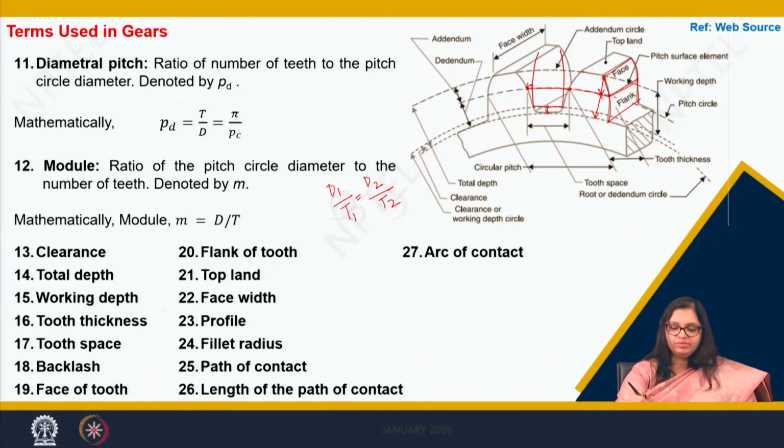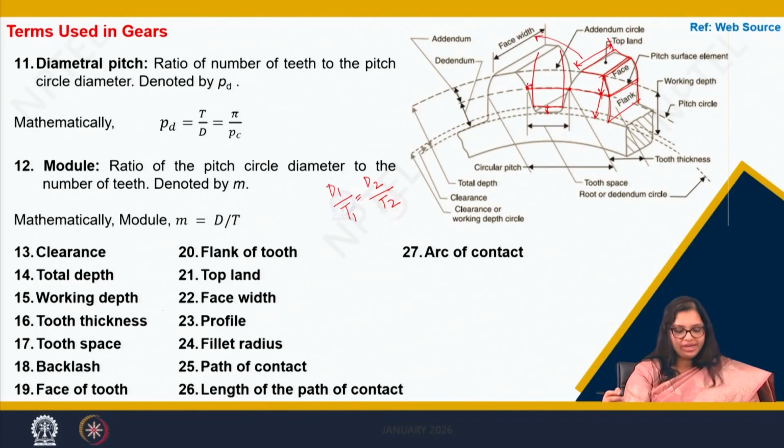Now when we see the top part of a gear, it looks something like this, which we call the top landing. The width of this top landing, we call the face width. So this is the face width.